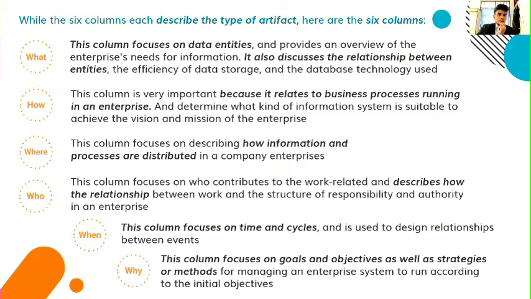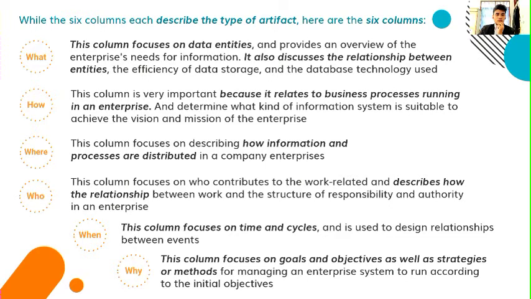While the six columns each describe a type of artifact. Here are the six columns. The first is what. This column focuses on data entities and provides an overview of the enterprise needs for information. It also discusses the relationship between entities, the efficiency of data storage, and the database technology used.